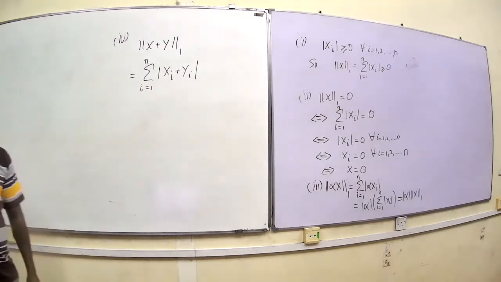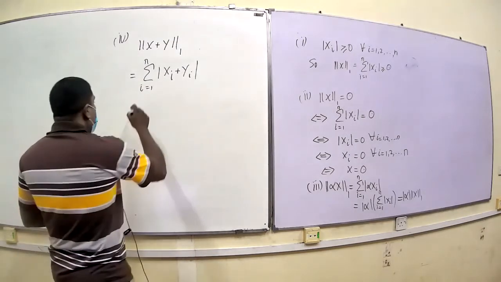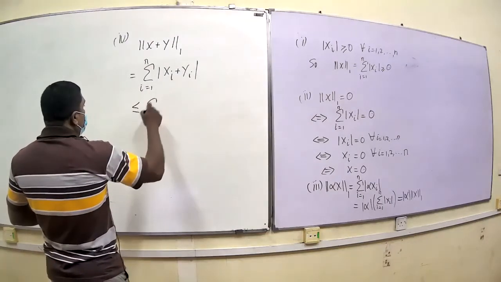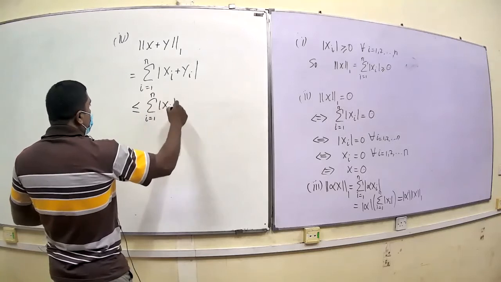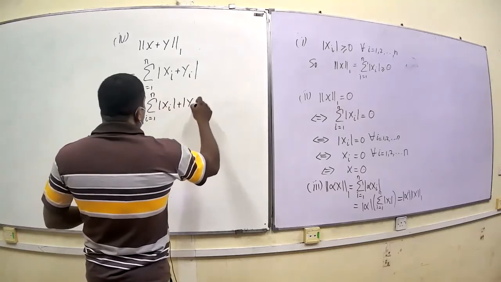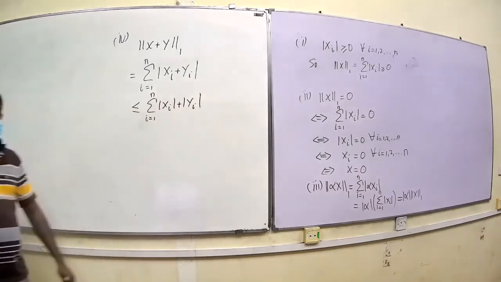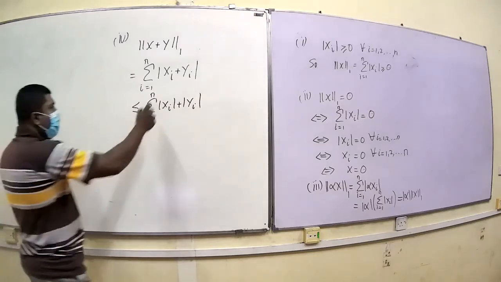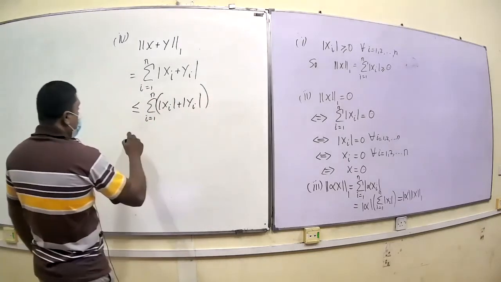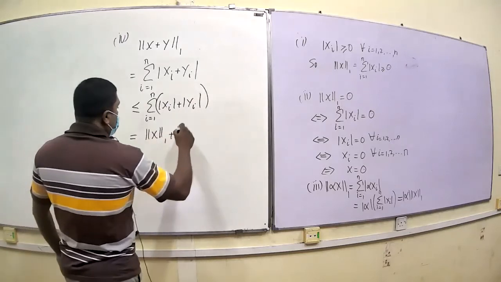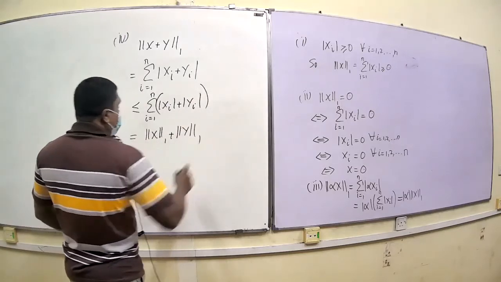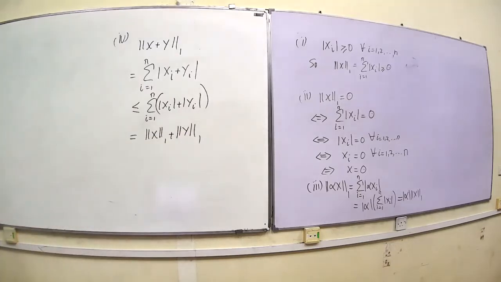But by the triangle inequality for absolute value, you know that this is less than or equal to the summation from i equal to 1 to n of the absolute value of xi plus the absolute value of yi. So that is basically the 1 norm of x plus the 1 norm of y. Right? So this is the triangle inequality.